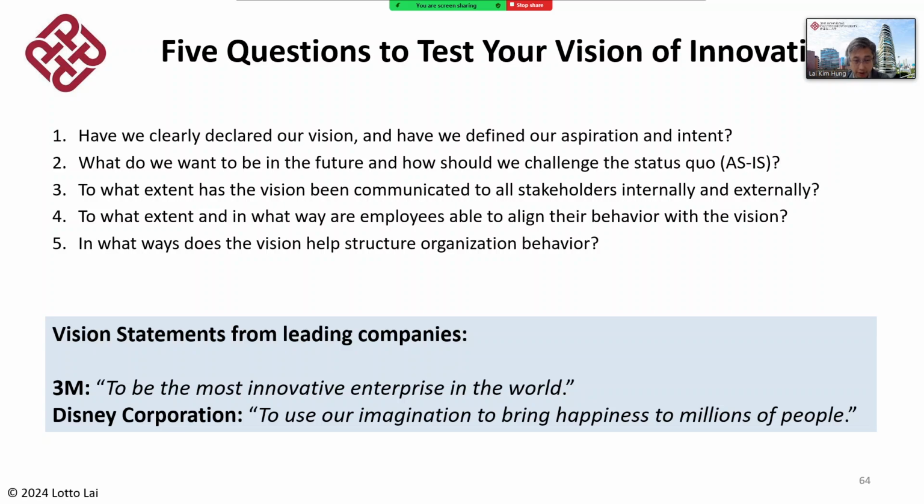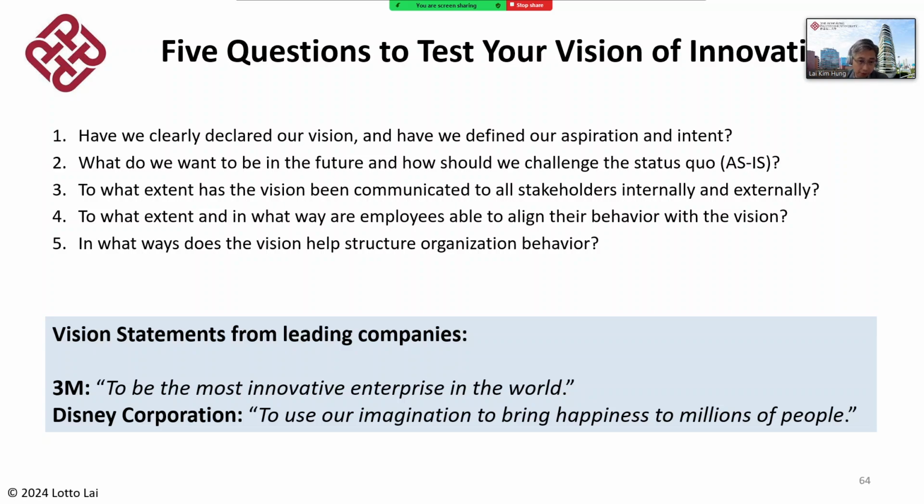To what extent has the vision been communicated to all stakeholders, internally and externally? To what extent and in what ways are employees able to align their behavior with the vision? You need to think: in what way does the vision help structure organizational behavior?